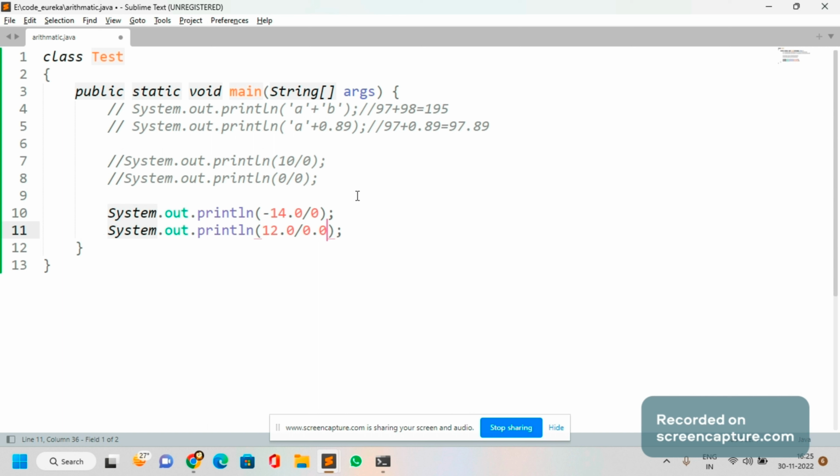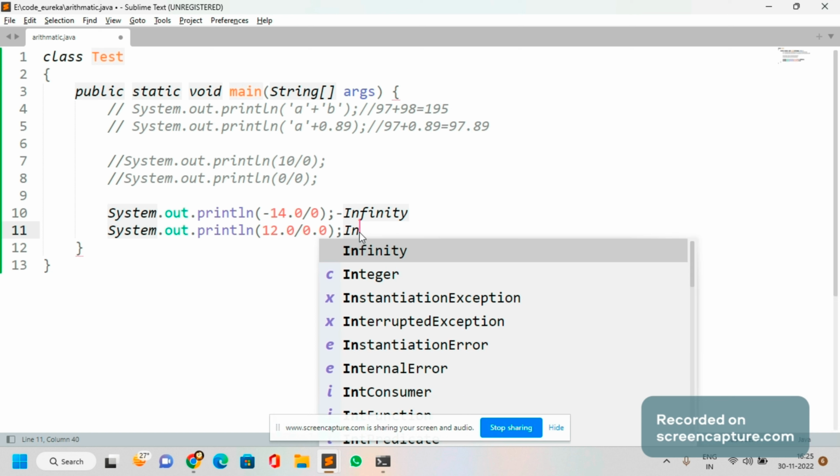Here -14.0 and 12.0 are floating point non-zero values. -14.0 divided by 0 is minus infinity because it is a negative number. 12.0 divided by 0.0 is infinity because it is positive.